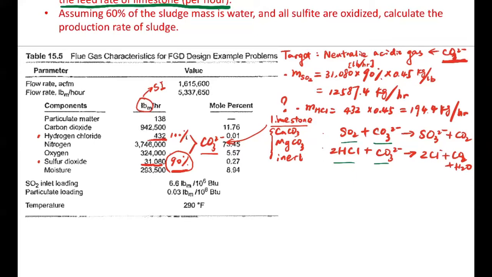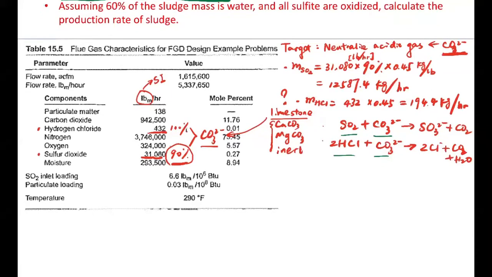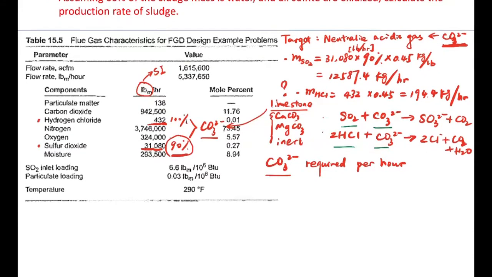Since we already know the mass, we can calculate the carbonate ions needed to remove these acidic gases for each hour. Let me list out the equation here.